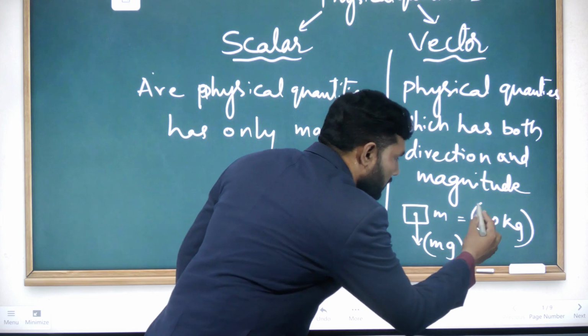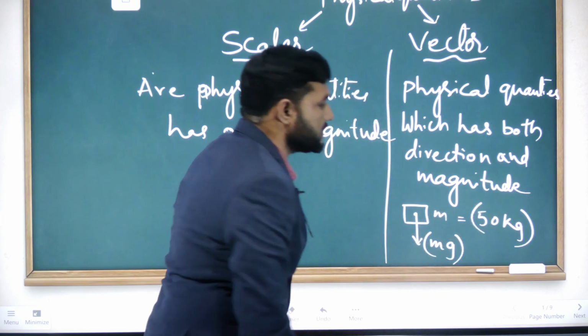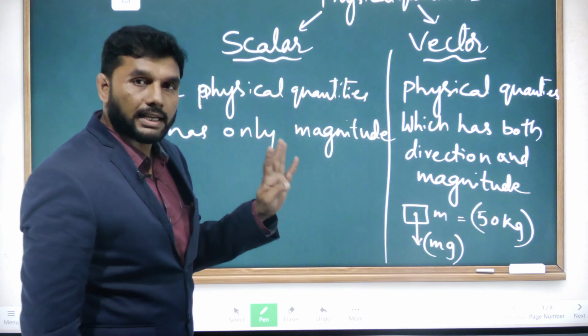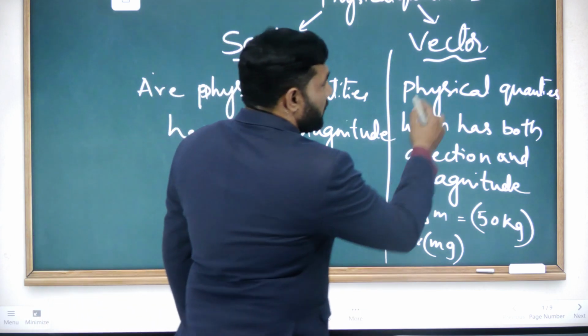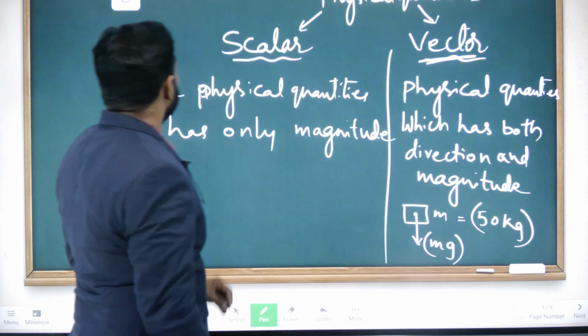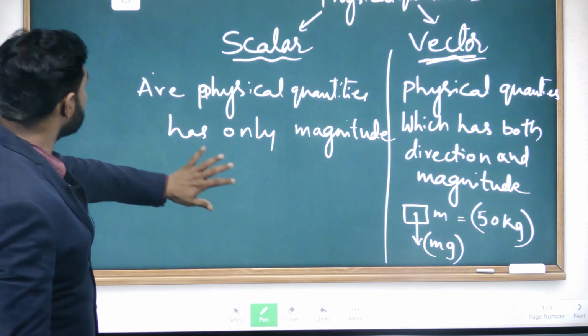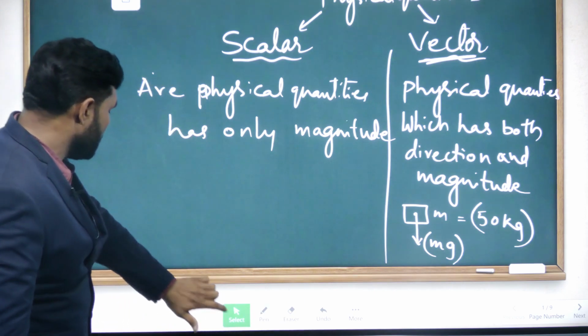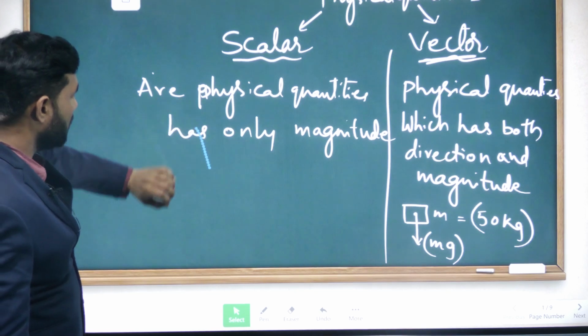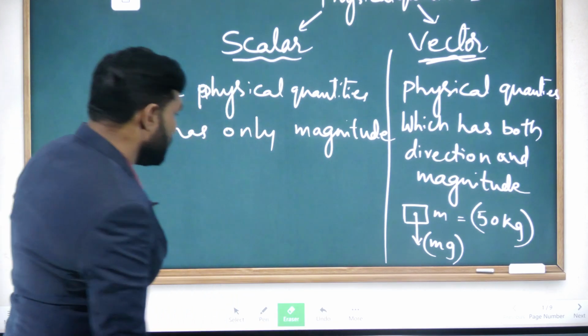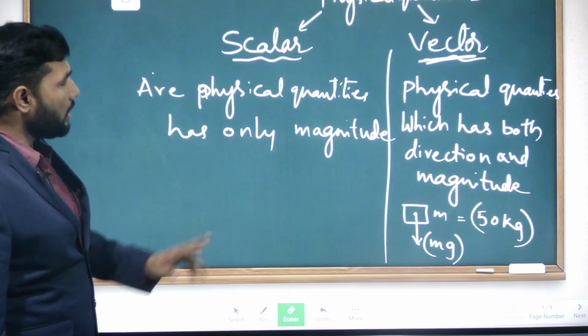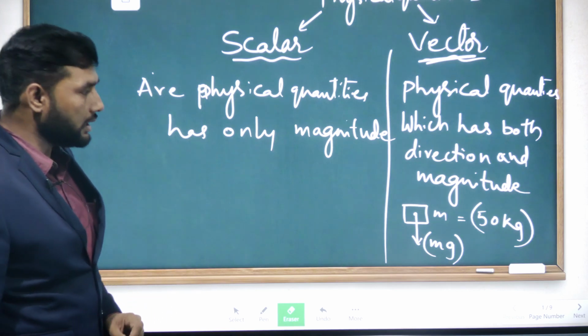So this physical quantity which has both direction as well as magnitude, we call a vector quantity. How do we represent vector quantities, and how can we distinguish them?